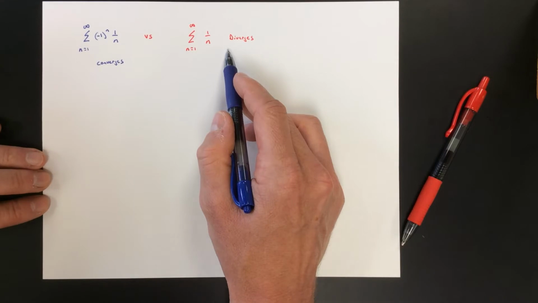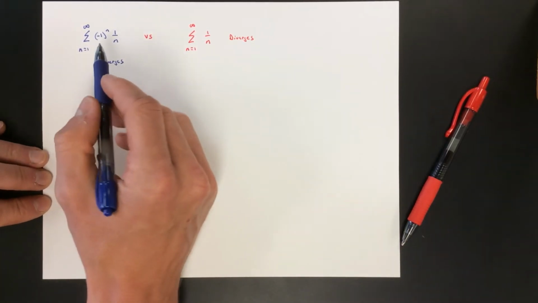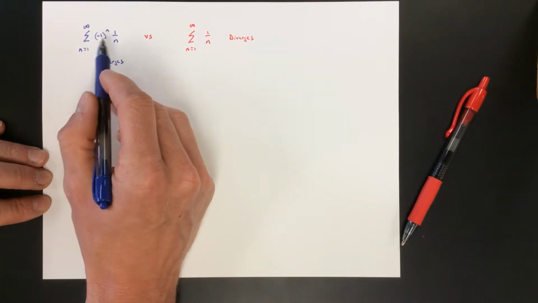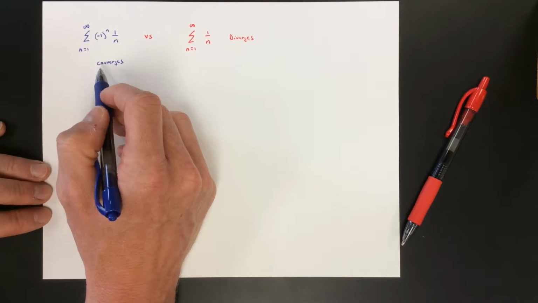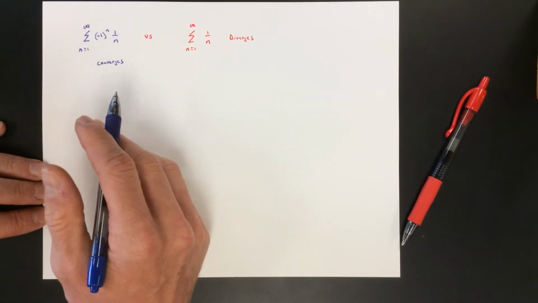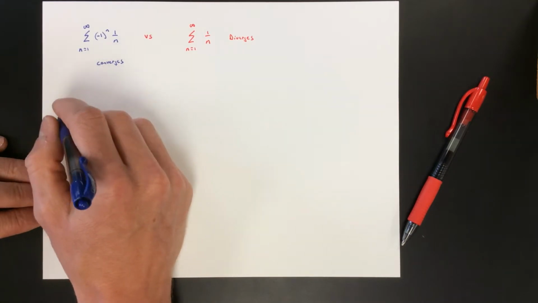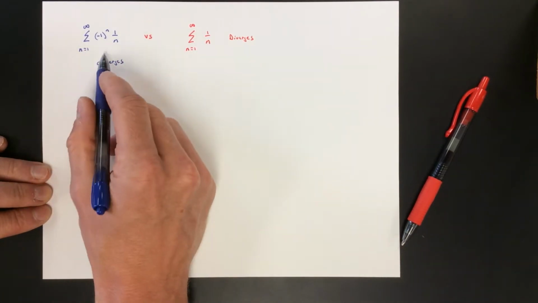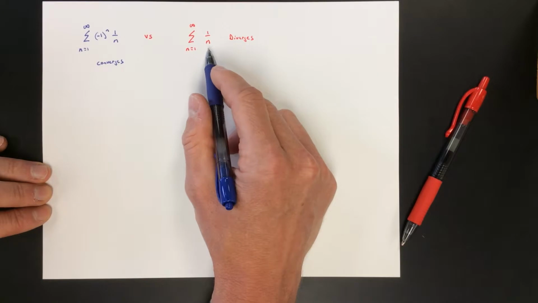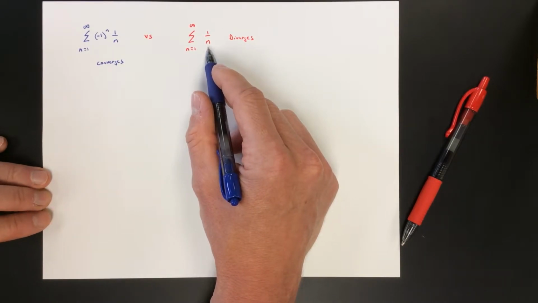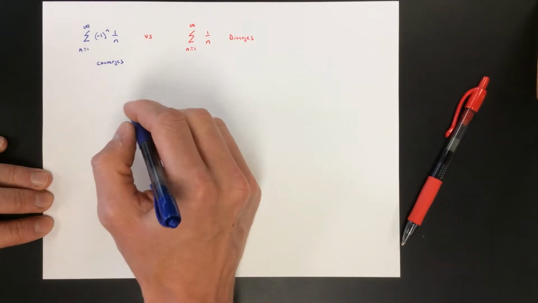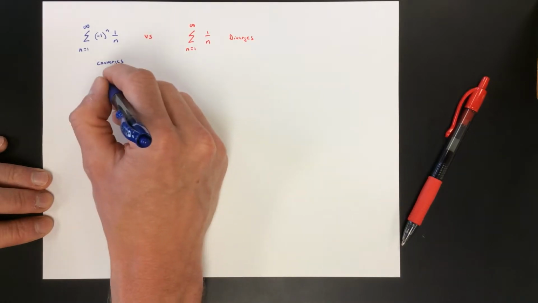However, this would diverge. So this passes the alternating series test. And not only does it pass, we need to talk about whether it's conditional or absolute. So this is an example of how an alternating series converges and the non-alternating version diverges. If it converges, we have to classify it.